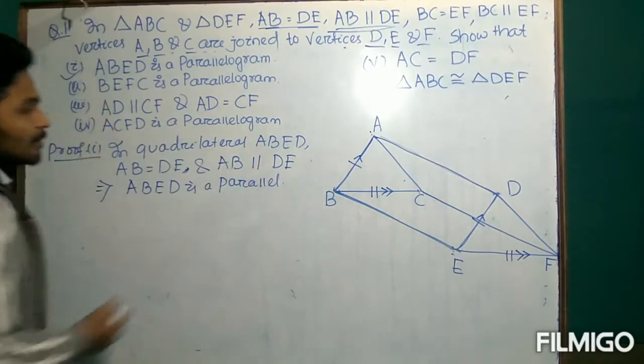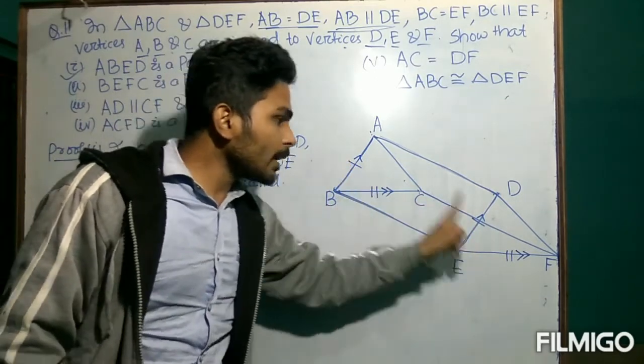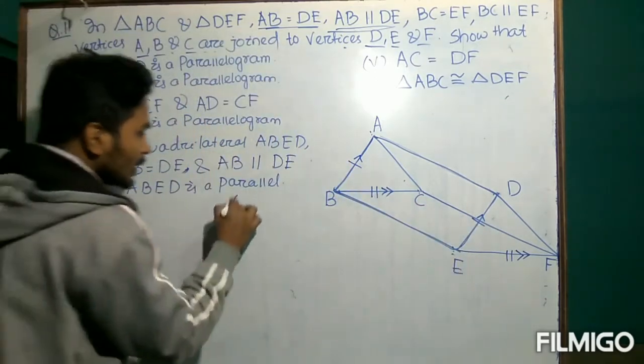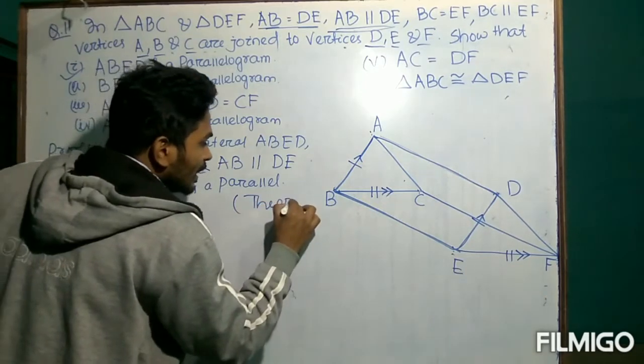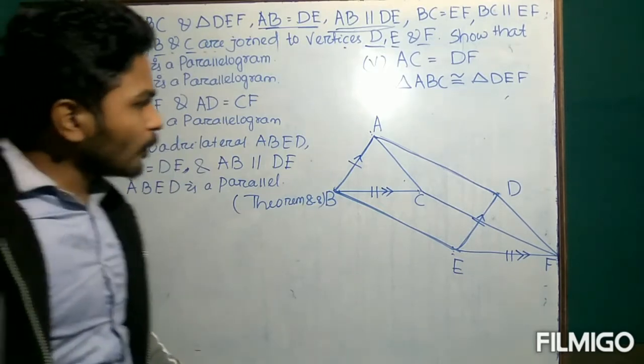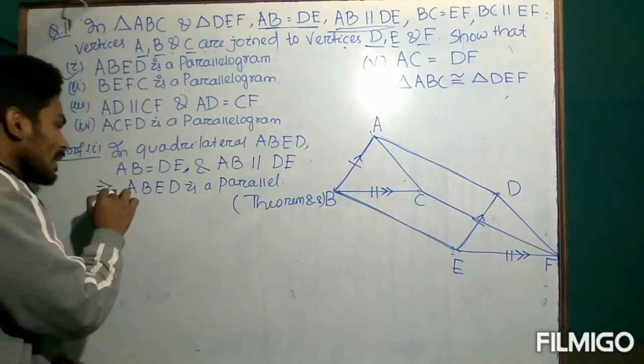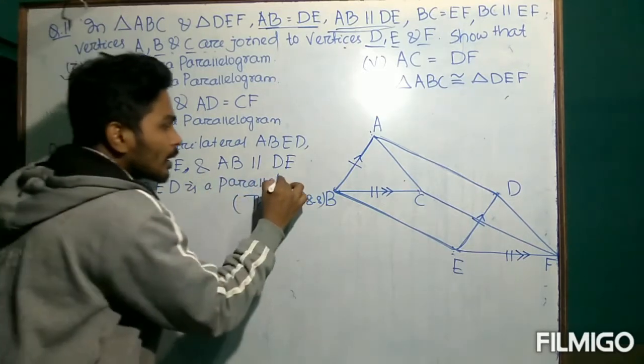Why have I written this? Because in this quadrilateral AB is equal to DE and AB is parallel to DE, and according to theorem 8.8, if any one pair of opposite sides is equal and parallel, then it is a parallelogram. Hence, you can write ABED is a parallelogram.